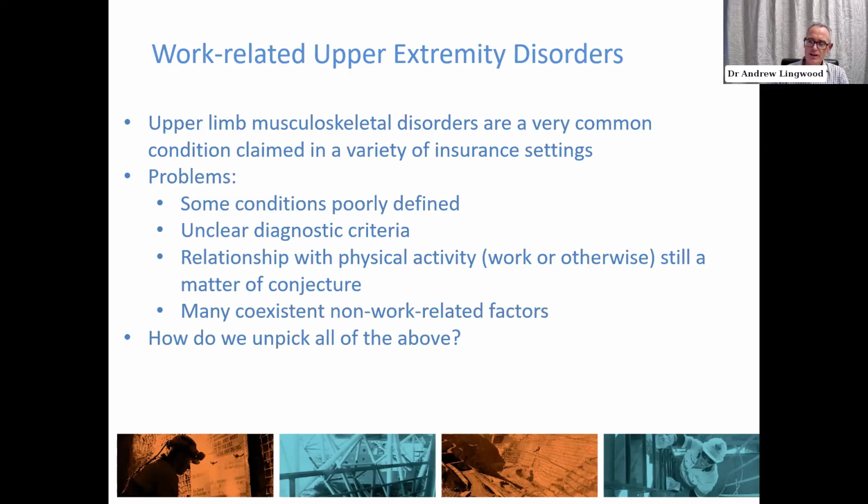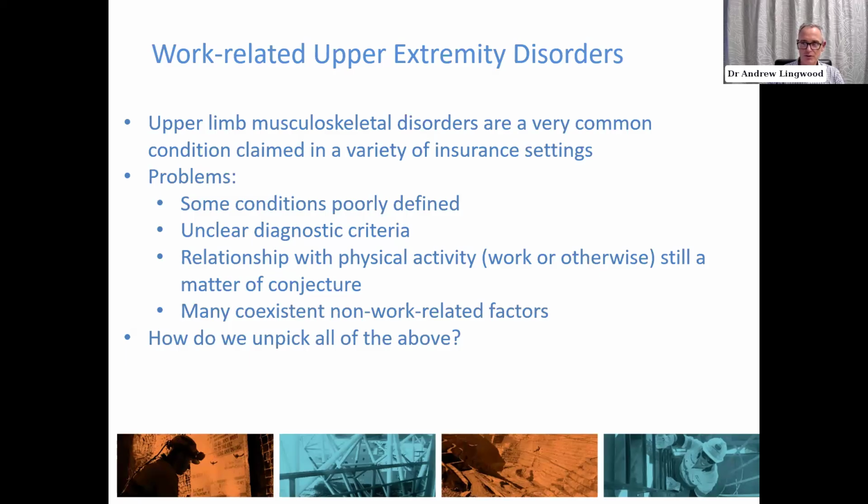A lot of these conditions that we see are not very well defined. They might have quite unclear diagnostic criteria. I think about terms like RSI, repetitive strain injury, or OOS, occupational overuse syndrome. To some extent, even the title that I put up there, work-related upper extremity disorder, is quite a non-specific term which does not identify a particular type of pathology.